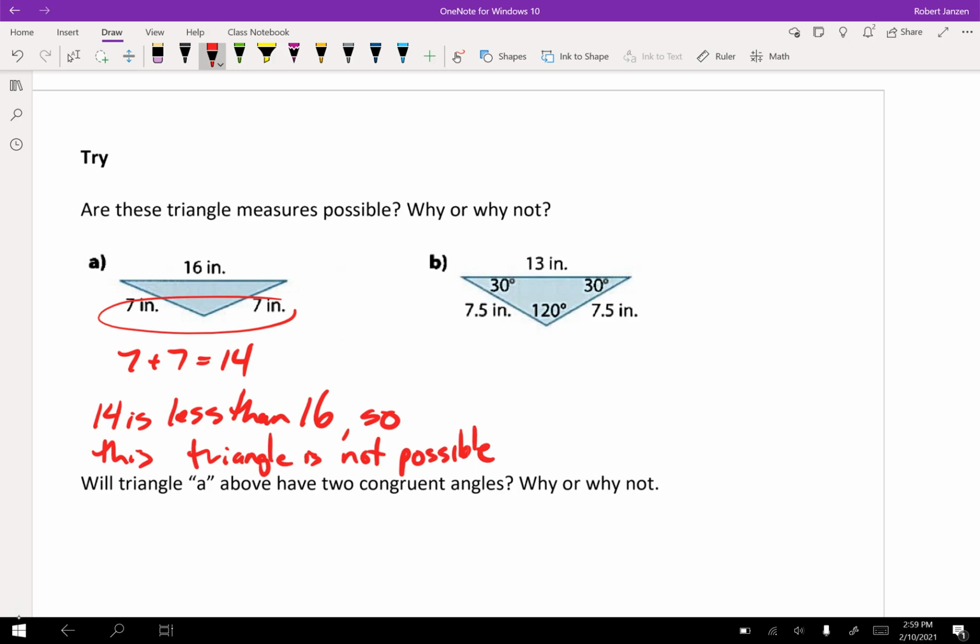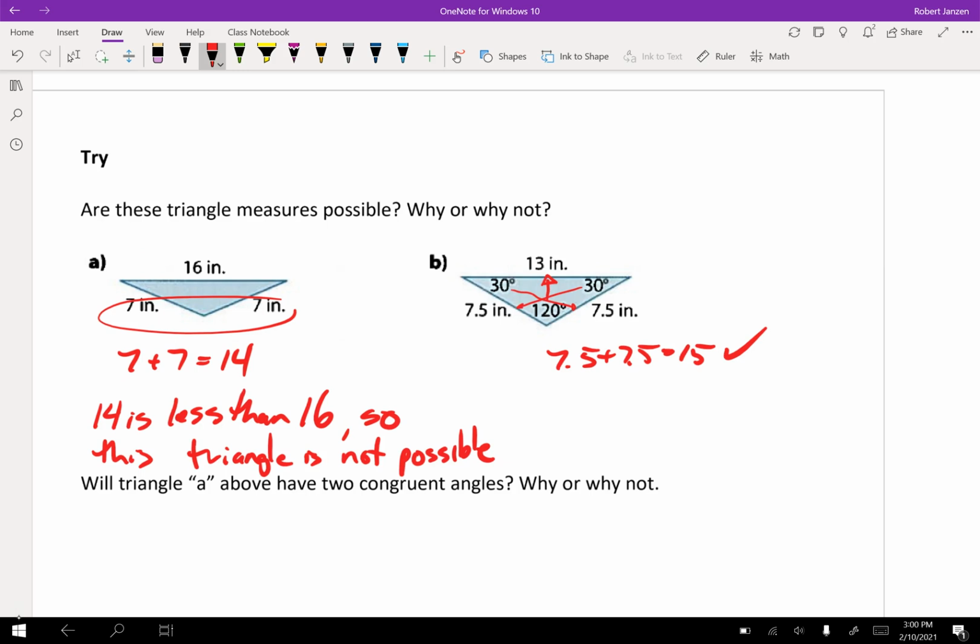Okay, how about the next one? Well, if you go 7.5 plus 7.5, that's 15. That's okay, that's bigger. All right. What about the angles? Does it make sense that 120 is across from 13 and 30 is across from 7.5?